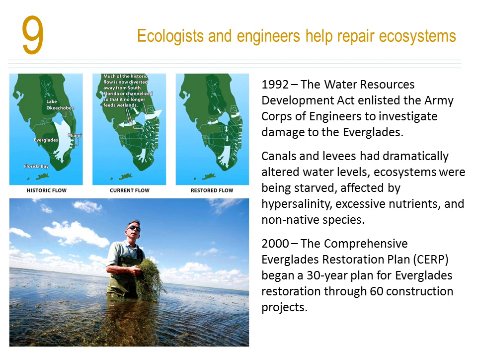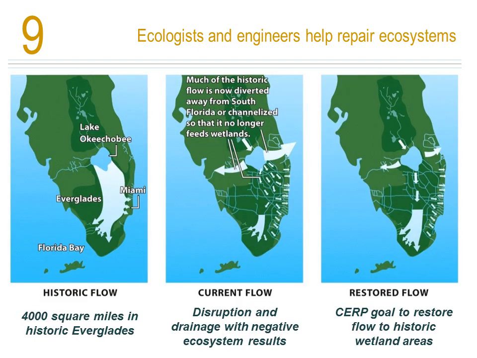And in 2000, the Comprehensive Everglades Restoration Plan, CERP, began a 30-year plan for the Everglades restoration through 60 construction projects. All right. Basically, the historic flow, you can see, was down south and east, and the goal for CERP is to restore that flow to where it was.